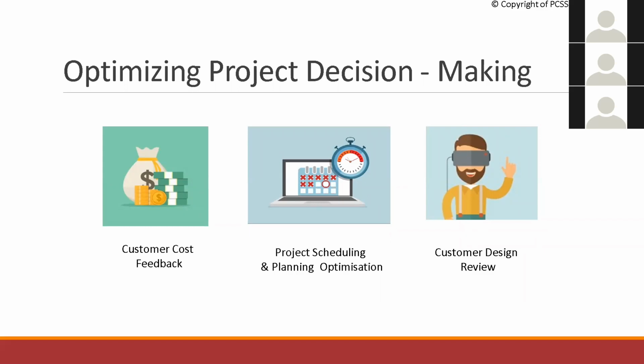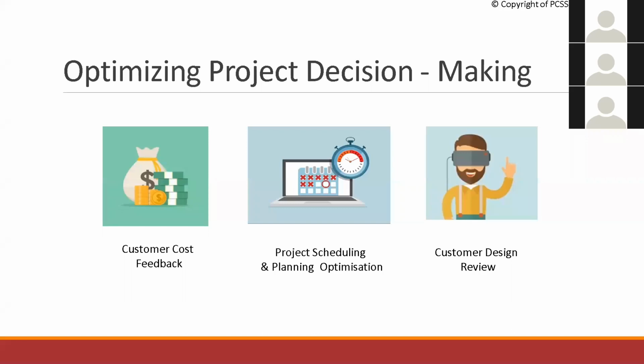Halfway through the construction, you notice there are issues with it. And then you tell your client that the initial cost, let's say of 100 million, now comes up to 150 million. Do you think your client would want to accept this? So that's about customer cost feedback.